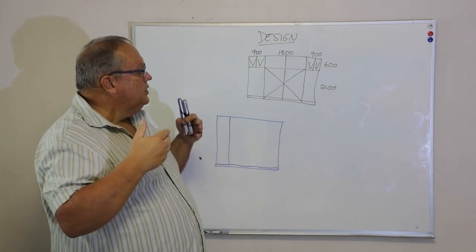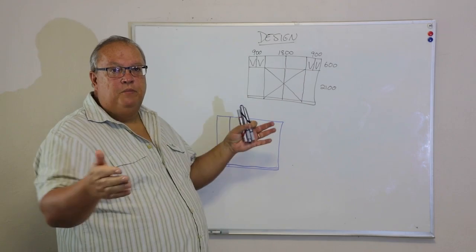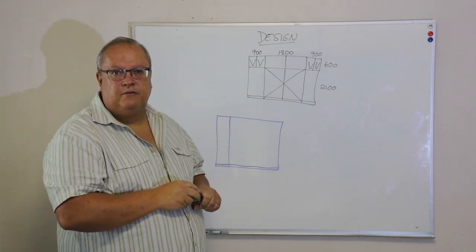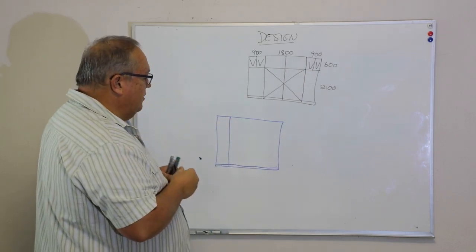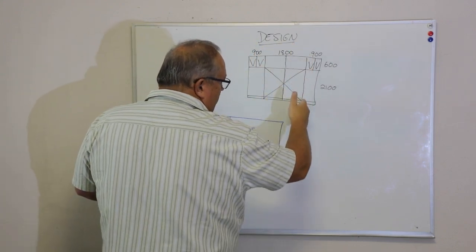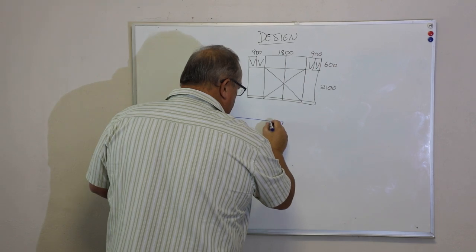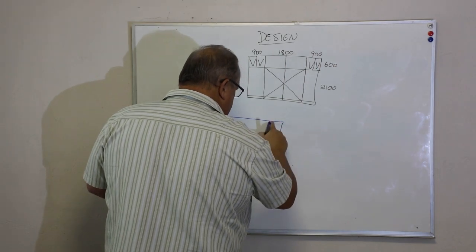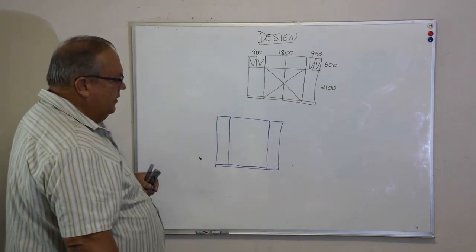If that line was a mullion, then when I open my doors, I'd have a mullion right in the middle of my doorway, which is obviously not what I want. So that mullion does not run through. This mullion, however, runs through from the one side to the other. So I can put that mullion in from the one side to the other.